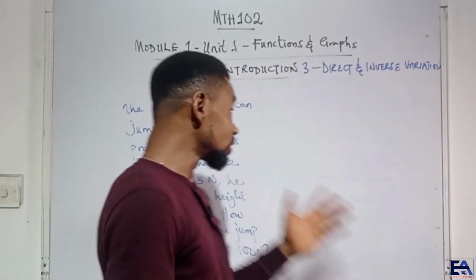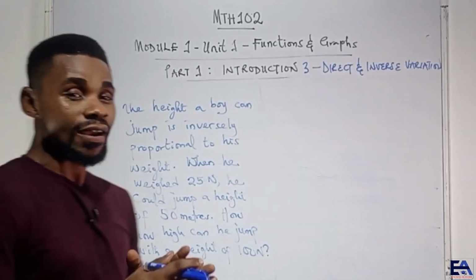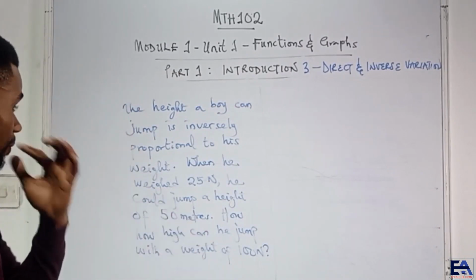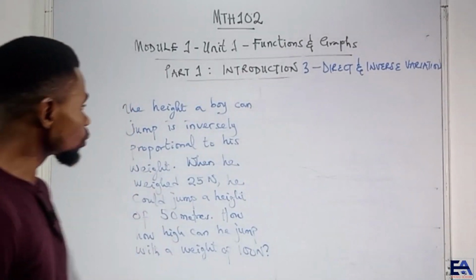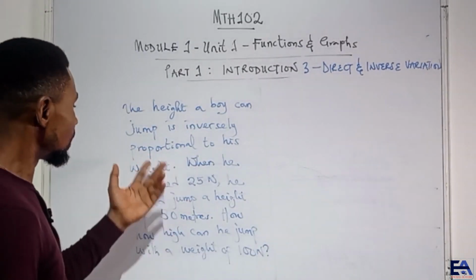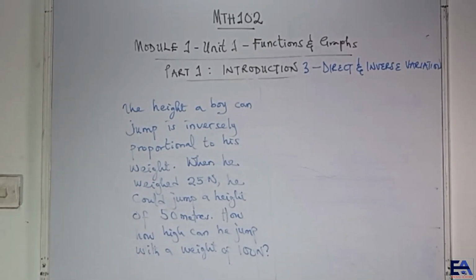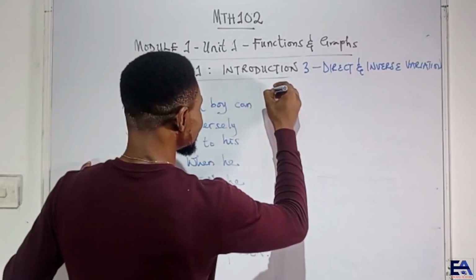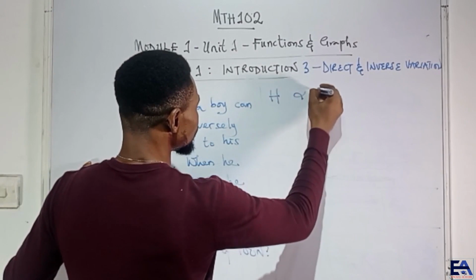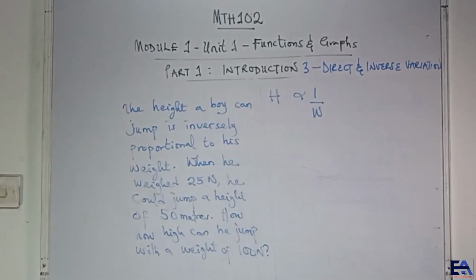This question is an example of a case of inverse variation or inverse proportion, okay? Now, this question says the height a boy can jump is inversely proportional to his weight. That is what the question implies.